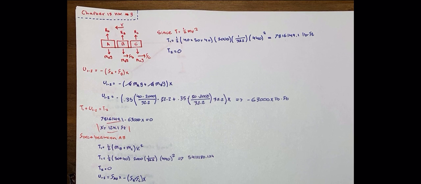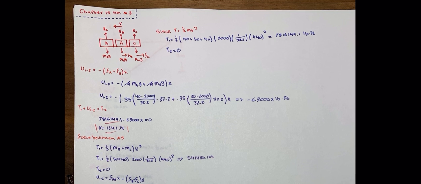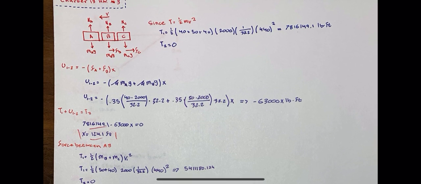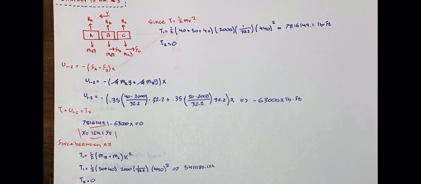First, we find the kinetic energies, which is 1/2 mv squared. We can plug in our knowns for position 1, which would be about 7,800,000 pound-feet for the kinetic energy at point 1, and the kinetic energy at point 2 is 0 because it should be stopped.